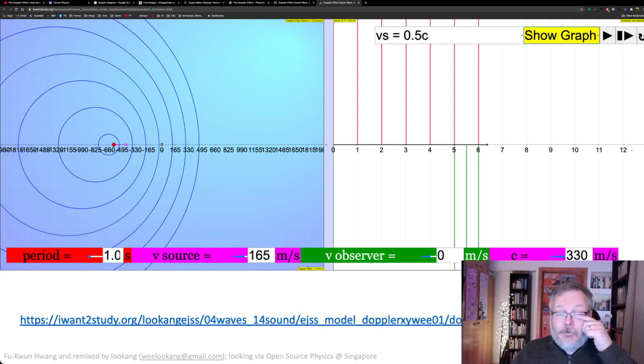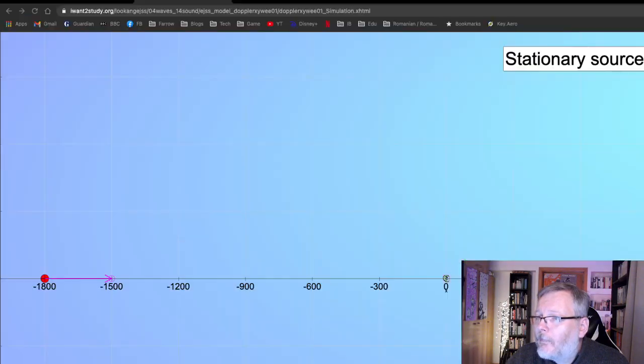Now, to illustrate what's happening in the Doppler effect, we can use this particular website. So I'm going to see if I can just switch over to showing you that website. If you give me a second. Not done this very often. Right. Here we go. So, what do we see here?